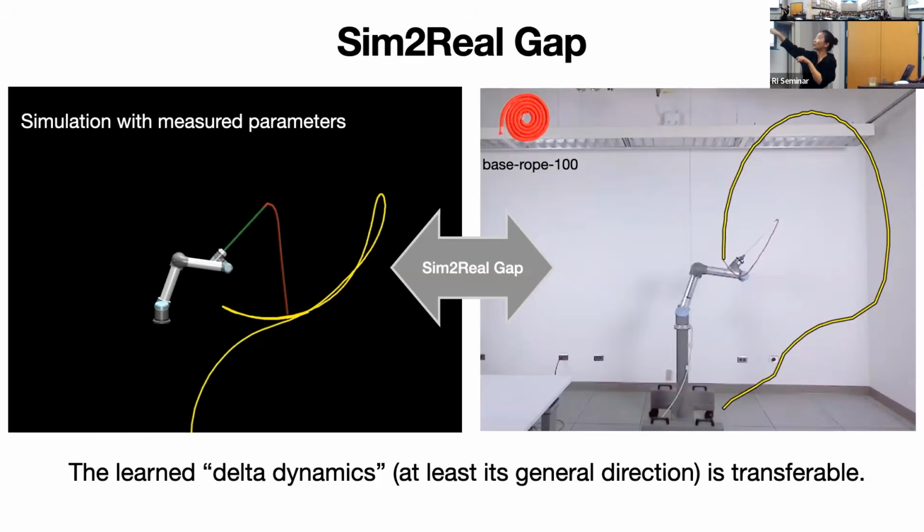You can observe that for these two robots, we're executing the same action, and we manually measured the rope parameters to duplicate it in simulation. There is still a huge sim-to-real gap, which shows that if you learn the full forward dynamics model, there's no way the system can perform sim-to-real transfer. But the hope here is that the learned delta dynamics model, at least its general direction, is transferable.